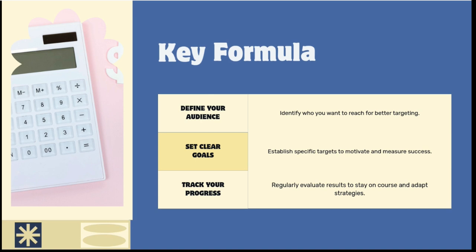First of all, you have to define your audience. After defining your audience, you have to identify who you want to reach for better targeting. For instance, let's say I'm doing affiliate marketing and maybe I have a blog where I write technology related articles.